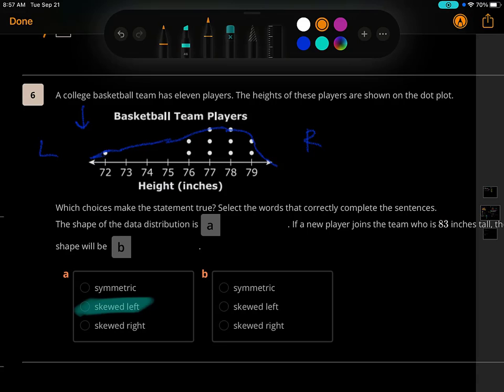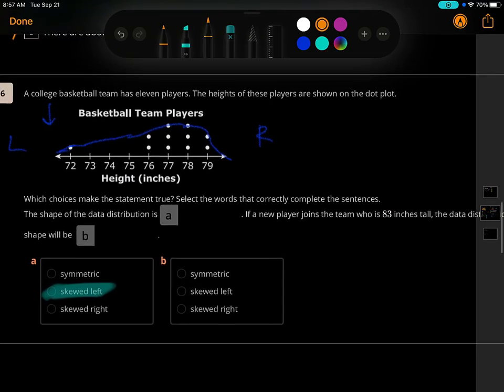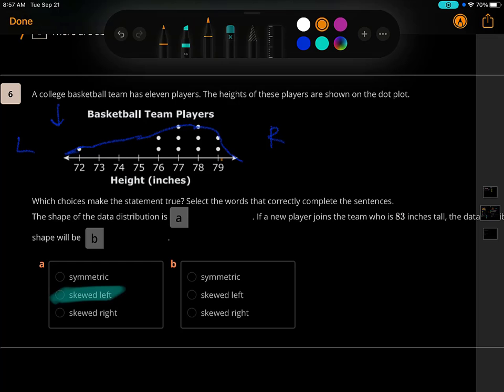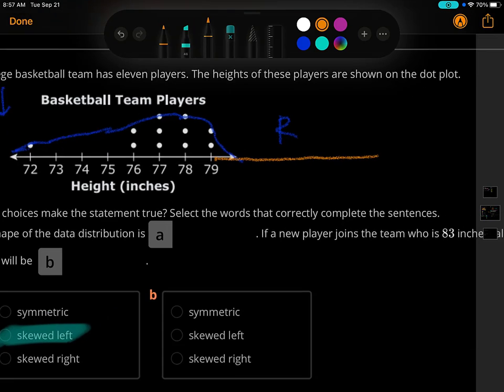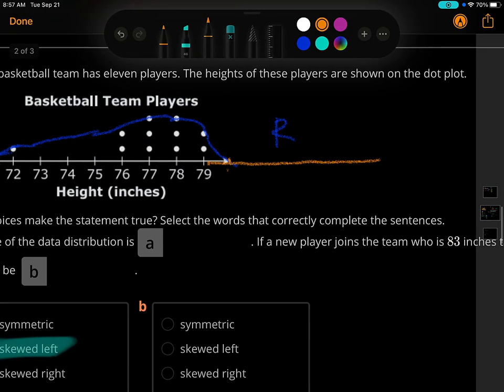If a new player joins the team who is 83 inches tall, what would happen to the data? Okay, so I'm just going to label 80, 81, 82, and 83. And so this new person is this pink dot.